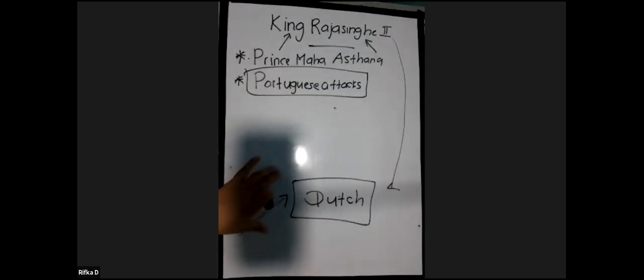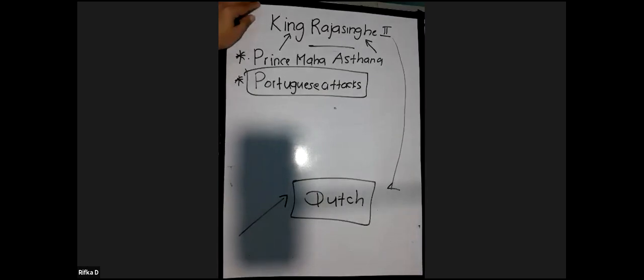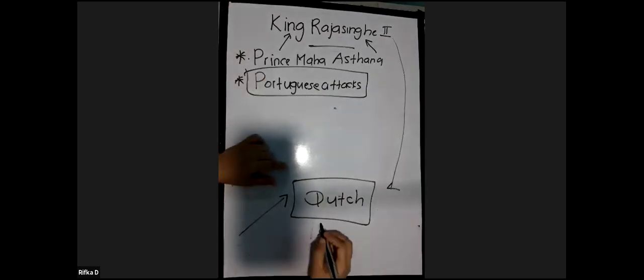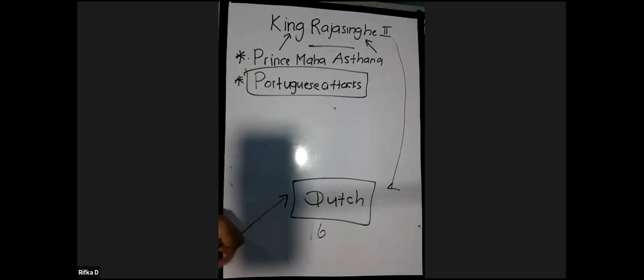When you were in grade 9, the first lesson you would have studied is how the Dutch captured the coastal areas of Sri Lanka. Anyhow, King Rajasingha II and the Dutch entered into a treaty, that means an agreement, in 1638.